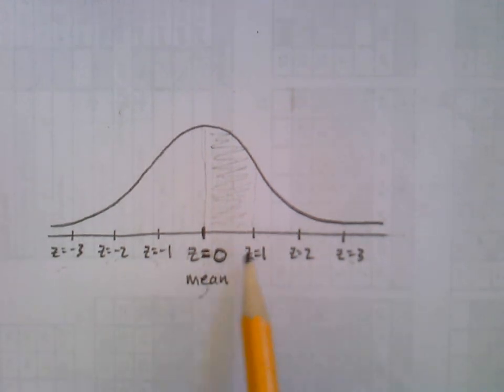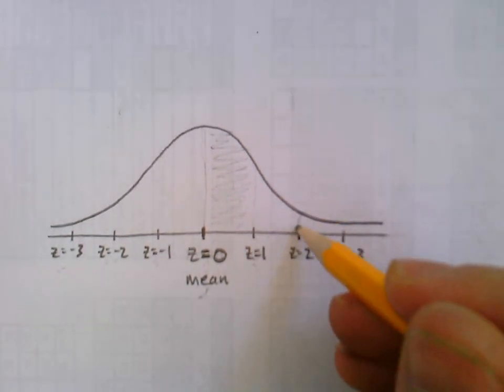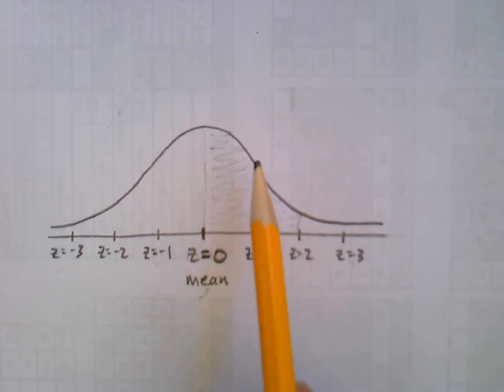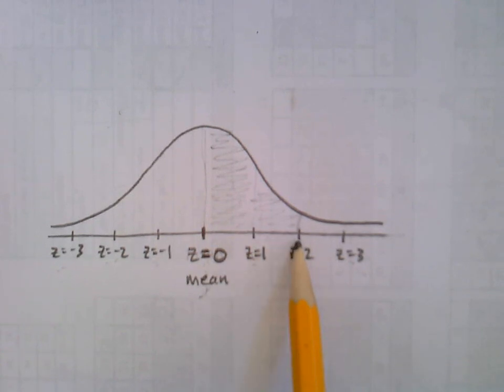And if I move up another one, that little chunk right there, although the curve might look a little bit different, the percentage, the probability of data between 1 and 2 is always the same for every type of data that fits a normal distribution, once you consider the mean and the standard deviation.